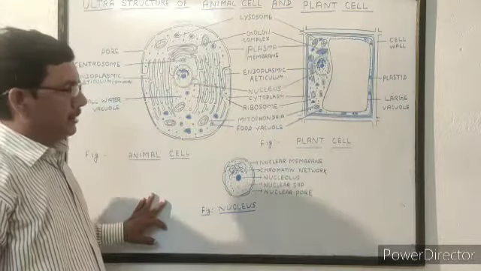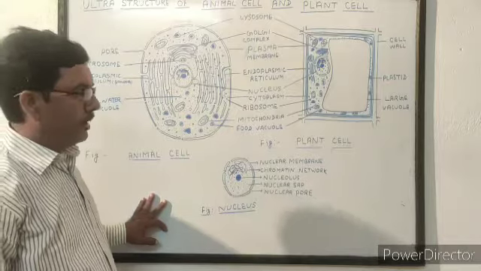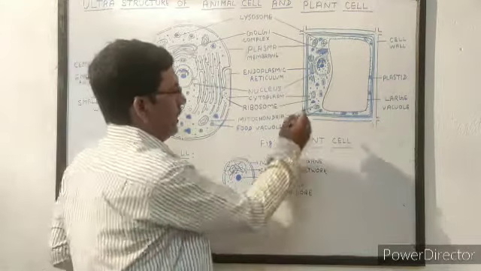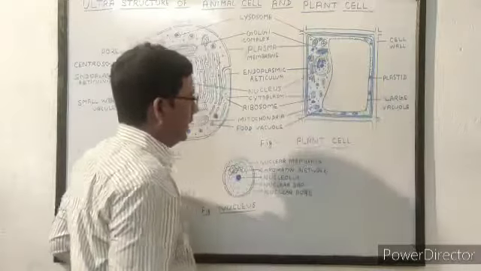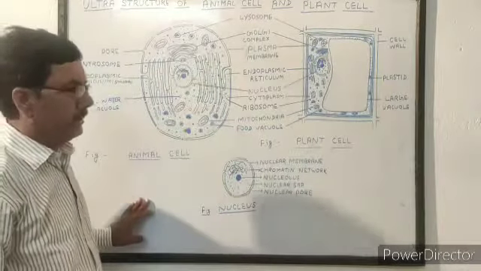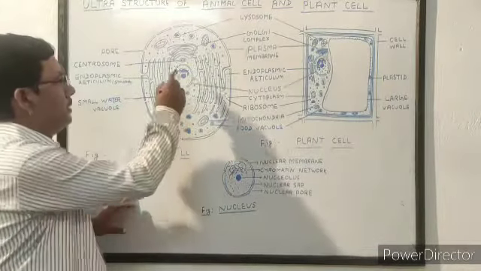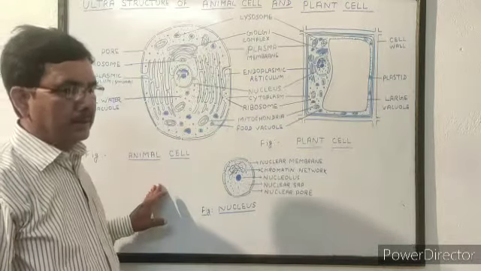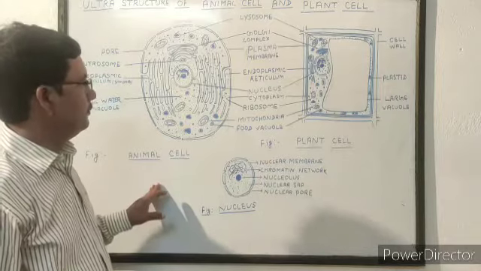In some plant cell and some bacteria, there are several Golgi complex up to 100, but in animal cell there is only one Golgi complex. It is mainly concerned with cell secretion and condensation of protein.